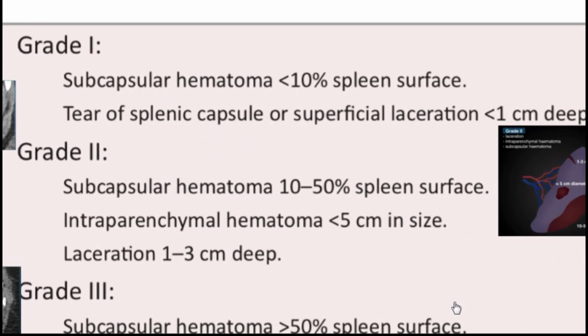So then if we talk about grade 2, when you have subcapsular hematoma of 10 to 15% of the spleen surface, or an intraparenchymal hematoma less than 5 cm in size, or when the laceration is 1 to 3 cm deep.